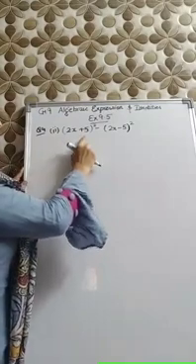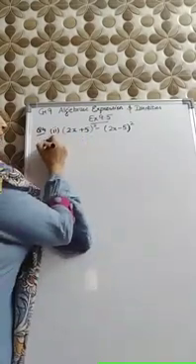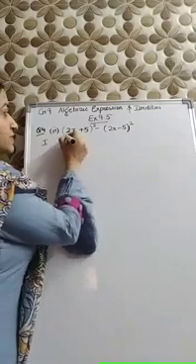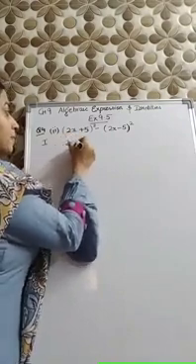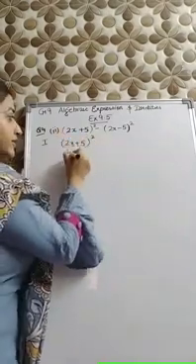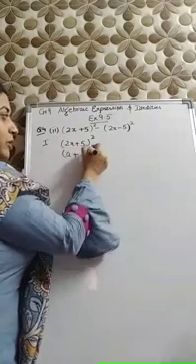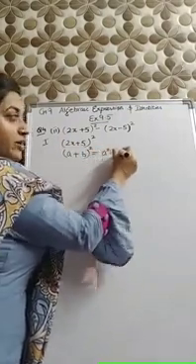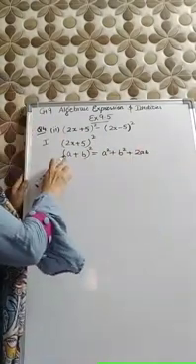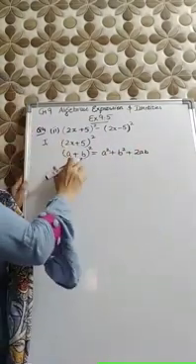Now start the second part of the fourth question. This question can be solved in two ways. The first method: you can solve the first term (2x plus 5) whole square separately by using the identity (a plus b) whole square equals a square plus b square plus 2ab. Here the value of a is 2x, the value of b is 5.